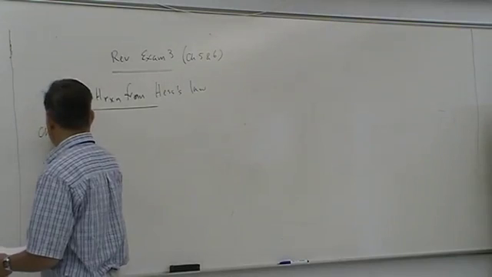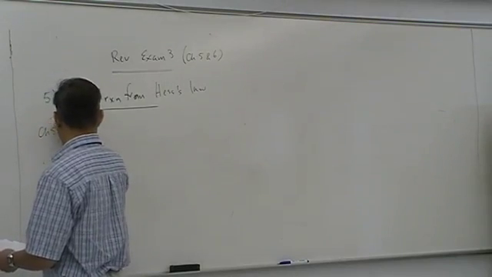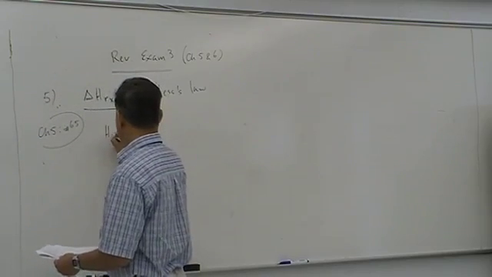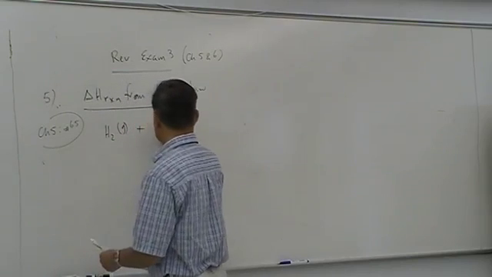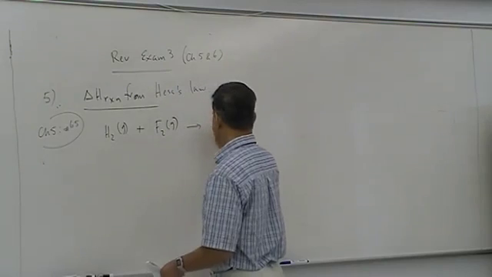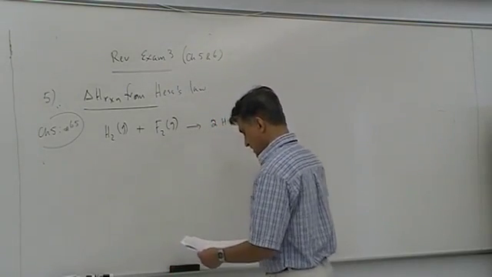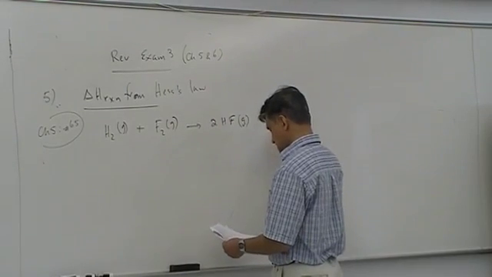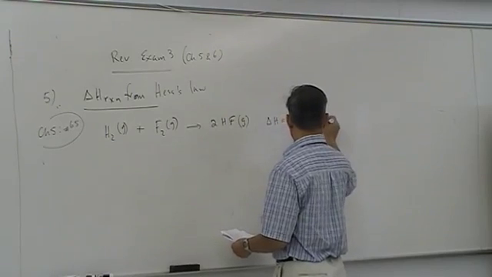This is chapter 5, number 65. H2 gas plus F2 gas giving 2HF gas, and delta H value for this reaction is minus 537 kilojoule.